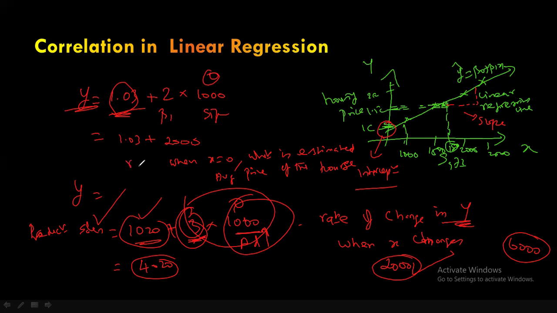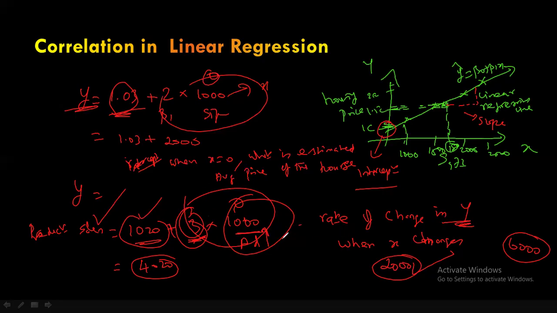This is your intercept. When x equal to 0, 0 into 2 is 0, right? This portion will become 0. This is the estimated average price of the house.